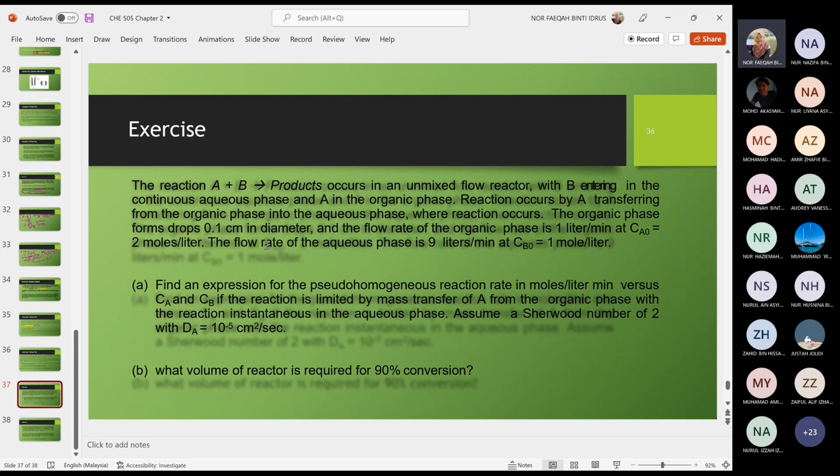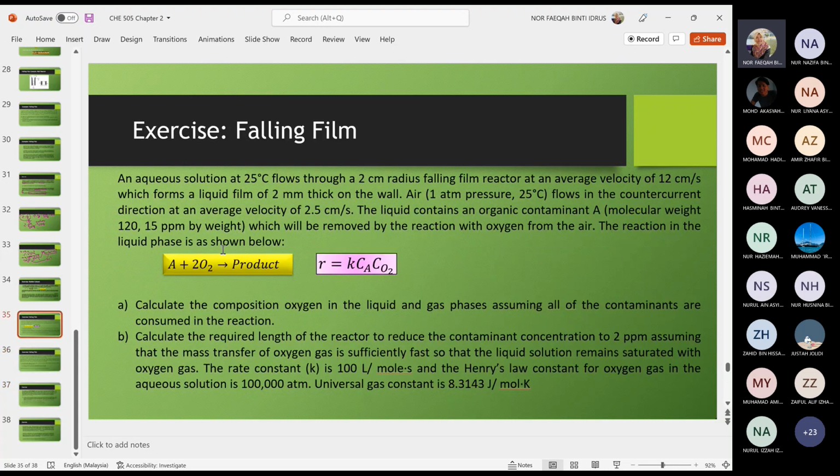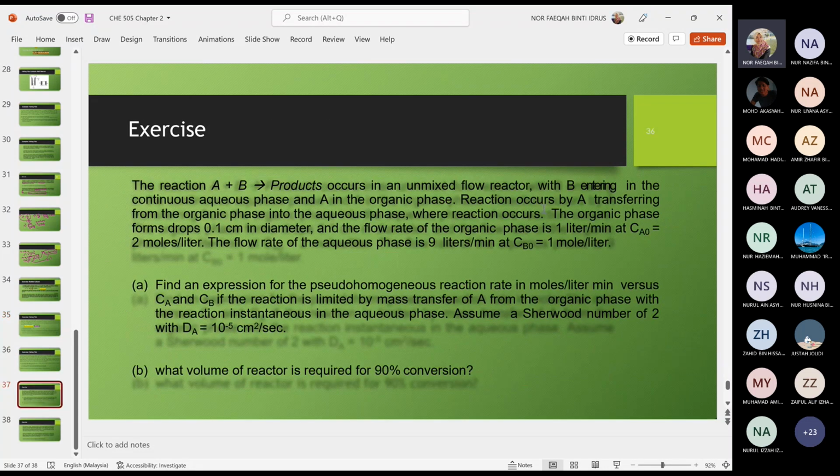The organic phase forms drops. Okay, it tells us drops. So, either bubble column or spray tower. Forms drops. I haven't finished reading the question and you already moved. So, the organic phase forms drops 0.1 cm in diameter.